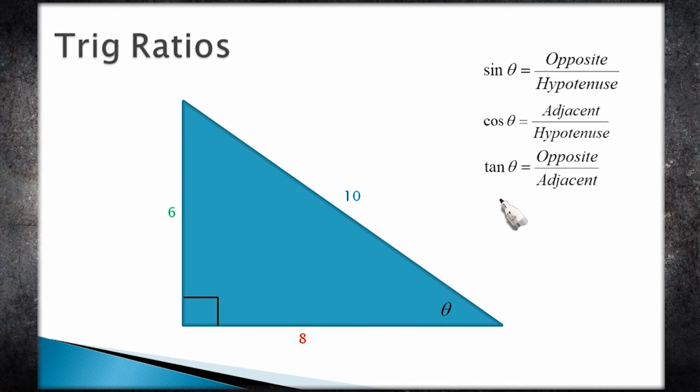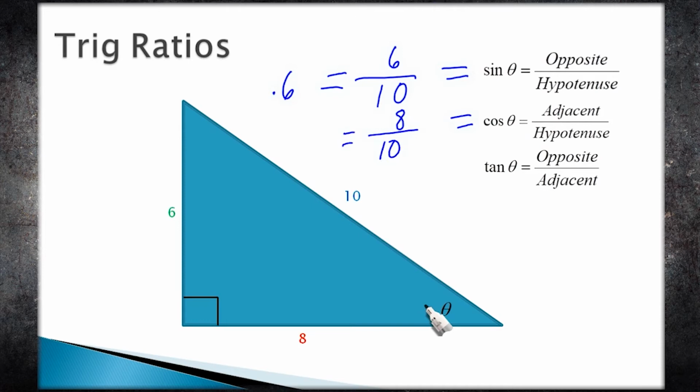Don't believe me? Let's go ahead and calculate sine, cosine, and tangent again for angle theta in this bigger triangle. So sine of theta equals opposite over hypotenuse. Opposite is 6, hypotenuse is 10, which equals 0.6. That's exactly what we got before, isn't it? How about cosine? The adjacent side is 8, the hypotenuse is 10, 0.8. Once again, exactly what we got before.